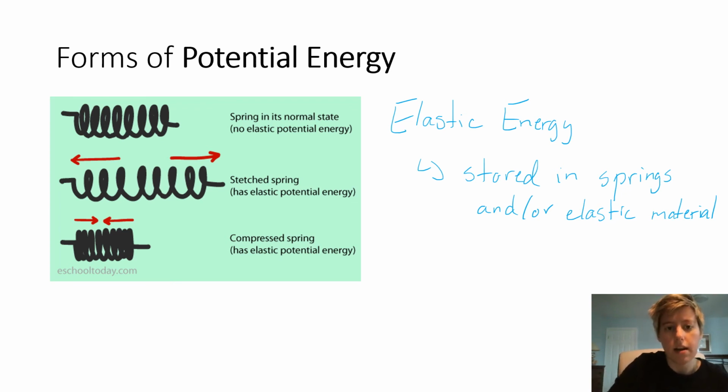So if I'm looking at our image over here, when I am stretching or compressing the spring, I'm actually storing potential energy in the object. And the moment I let go, the spring goes back to its normal state, changing that potential energy into kinetic energy.